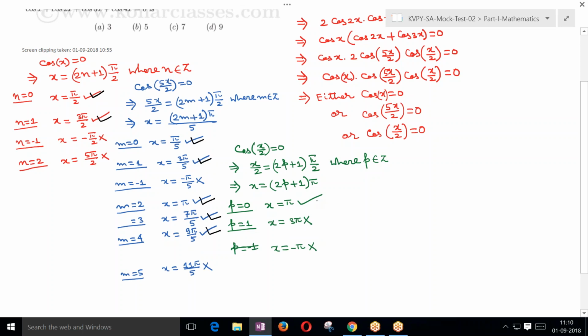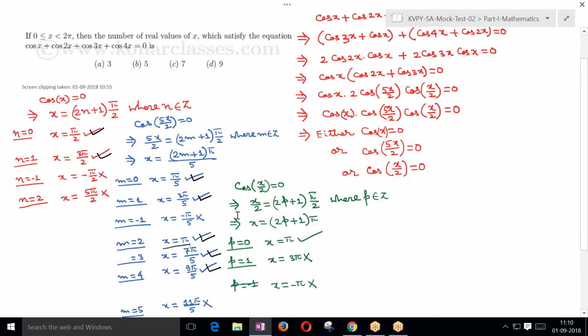Then for p equal to 0, pi is already considered here, x equal to pi, so it is not required to be considered again. So then how many solutions do we get? 1, 2, 3, 4, 5, 6, 7. Total 7 solutions we get from this given equation.